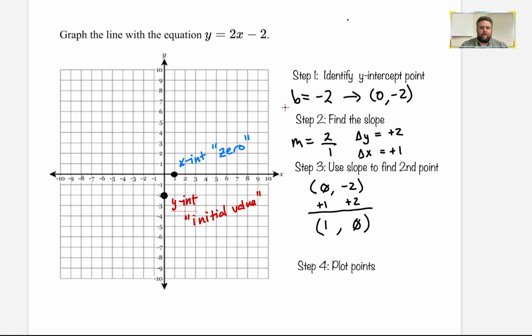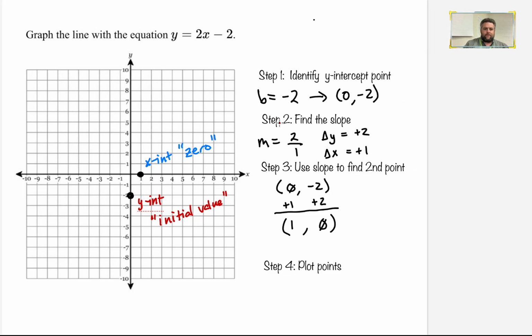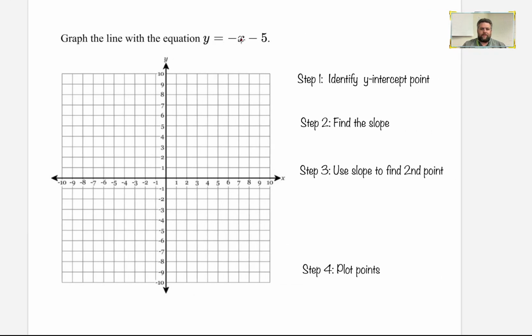Okay. All right. So the third question here, we have y equals negative x minus 5. First step, b is equal to negative 5. Therefore, we have a point at (0, negative 5). Second, find the slope of negative 1. Negative 1 is an integer, so put it over 1.